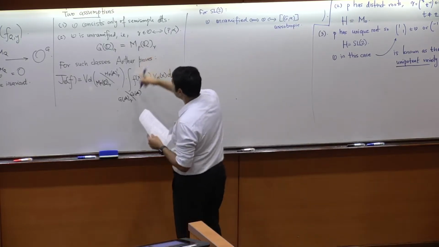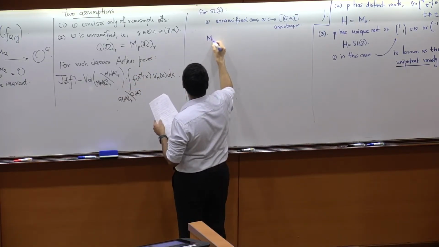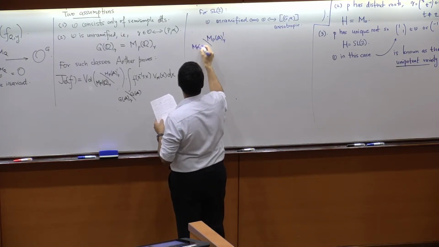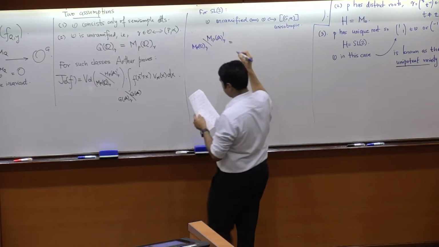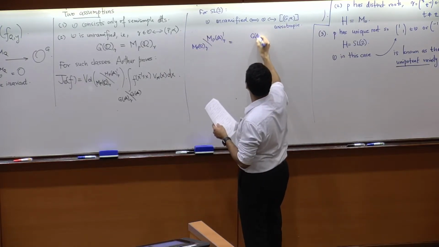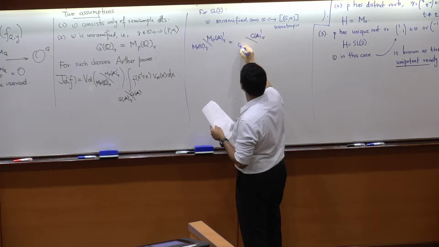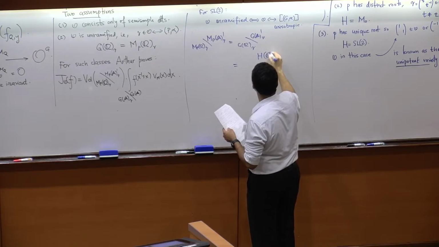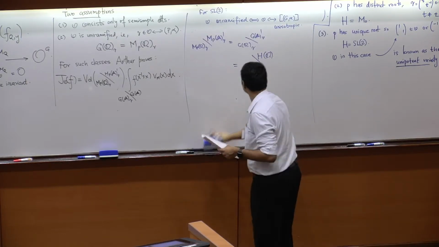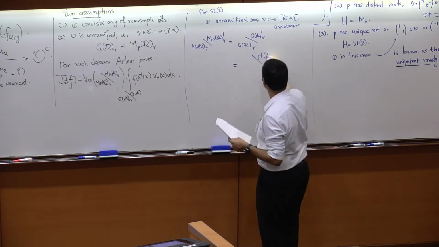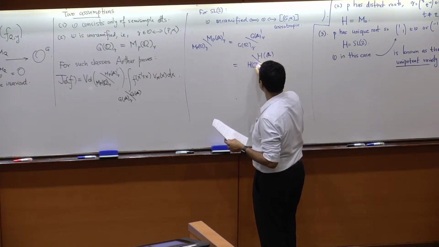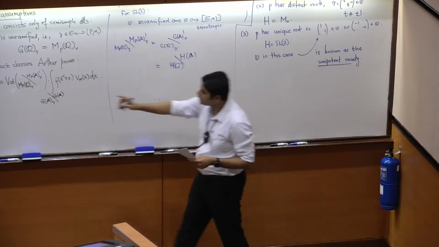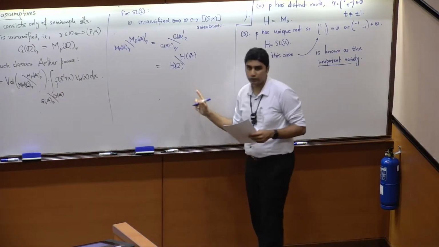And in this case, this volume term comes out to be MPA1 gamma mod MPQ gamma, which is nothing but GA1 gamma mod GQ gamma, and this turns out to be HA mod HQ, where H was the connected centralizer of gamma.